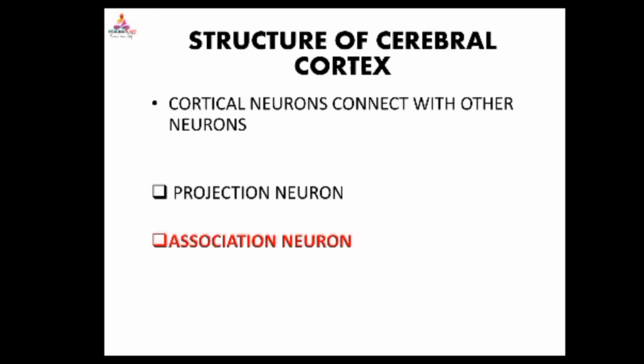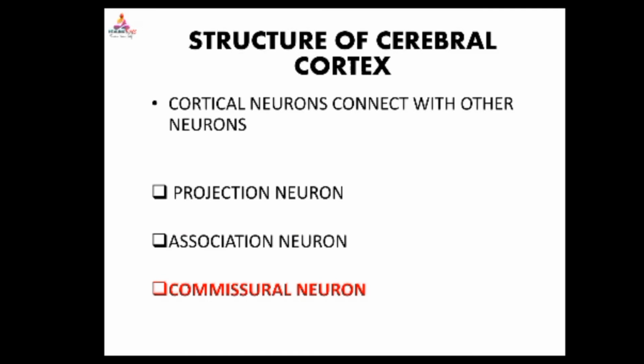Next is the association neurons, which establish connections with the cortical nerve cells elsewhere in the same cerebral hemisphere. Third one is the commissural neurons, which proceed to the cortex of the opposite cerebral hemisphere and establish connections between the cortical nerve cells of the cerebral hemispheres.